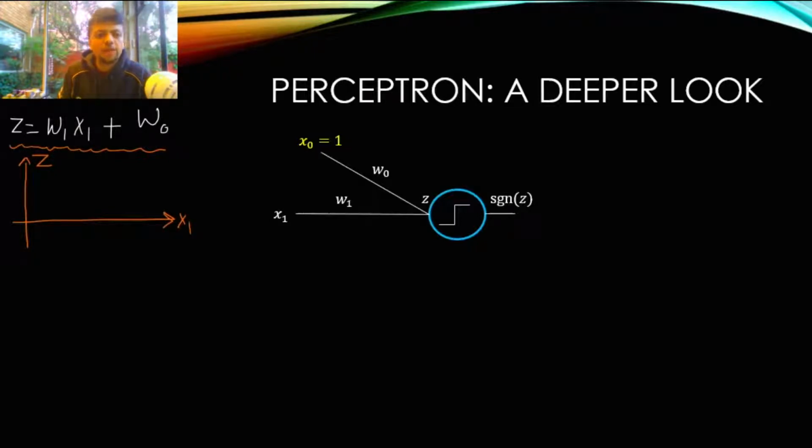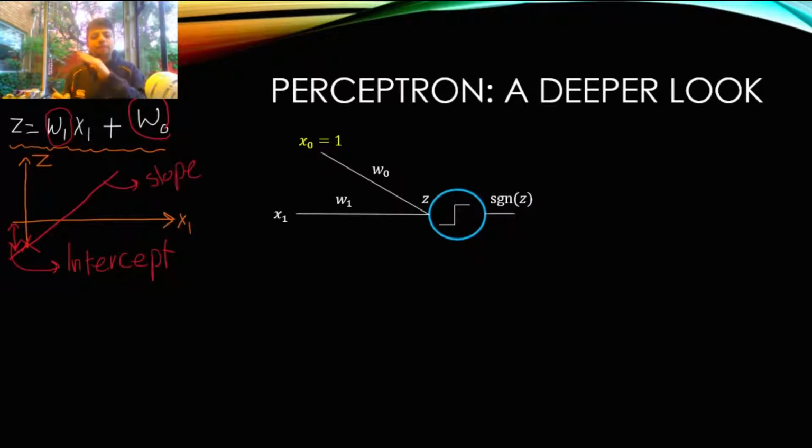If I draw one line over here, the slope of this line is controlled by W1. And the intercept, meaning where it cuts through the z-axis, which is a negative value, will be controlled by this W0. That is called the intercept of the line.